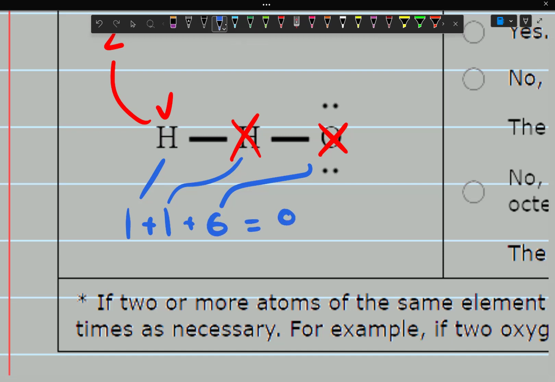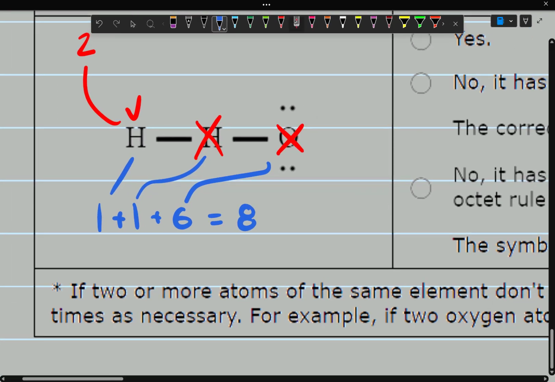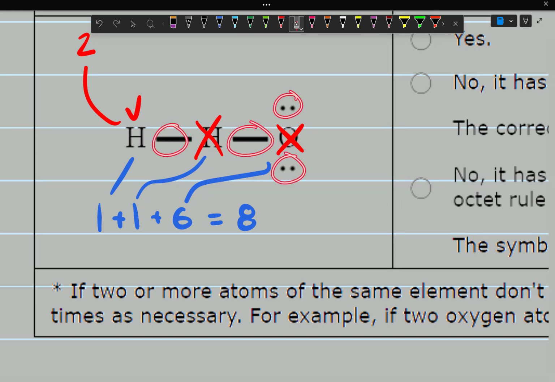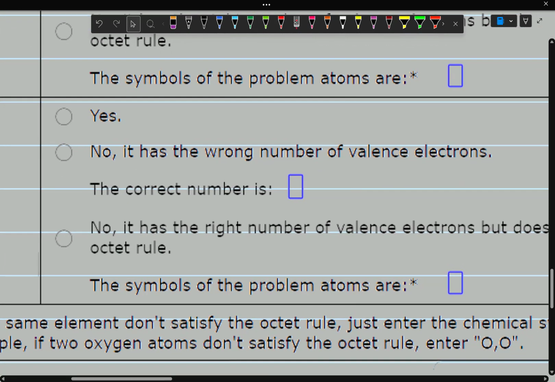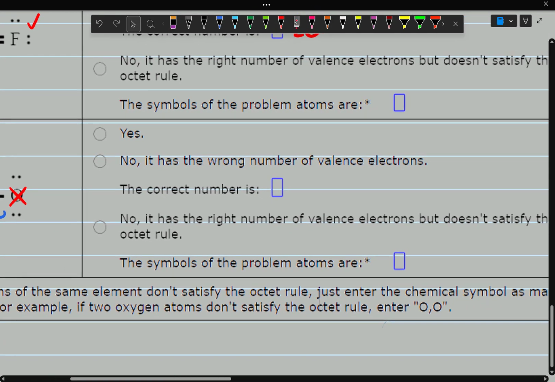So this should be 8, right? And we have 2, 4, 6, 8. So it does have the right number of valence electrons, but it does not satisfy the octet rule. So, no, it does not satisfy.